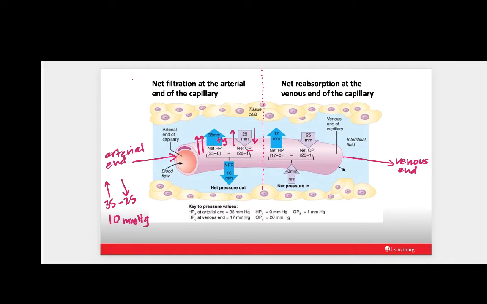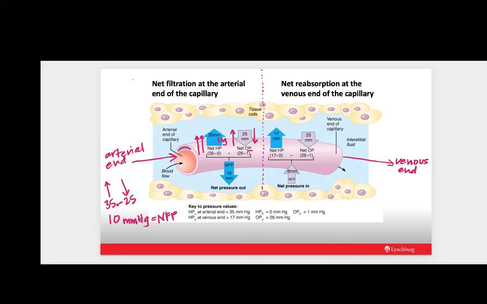That is our net filtration pressure, which is when we account for both hydrostatic and osmotic pressure. What is the overall direction of pressure? It's going to follow the same direction as the larger of the two pressures.